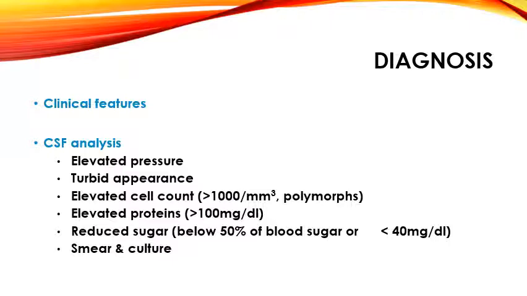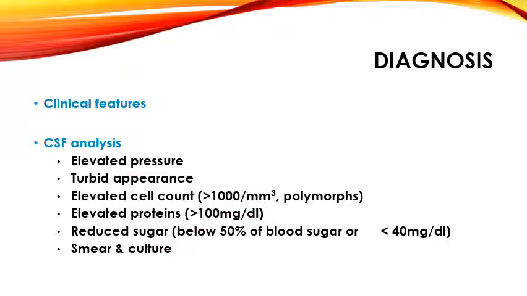What you'll see in CSF analysis: elevated pressure, turbid appearance, elevated cell count, which can be in thousands, and polymorphs are the common cells you'll see in initial stages, which can be replaced by lymphocytes if you are doing CSF in later stages of meningitis. Elevated proteins can be seen, more than 100 milligrams per deciliter. Reduced sugar, below 50% of blood sugar levels or less than 40 milligrams per deciliter.